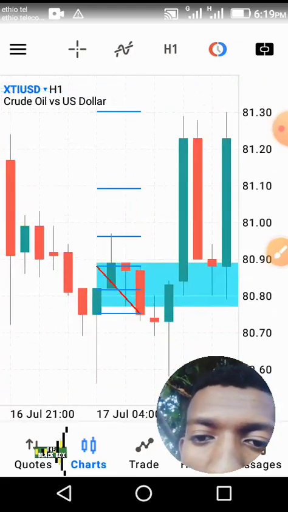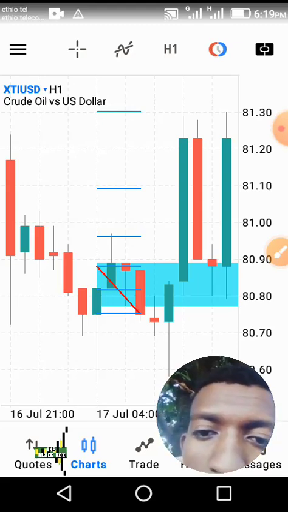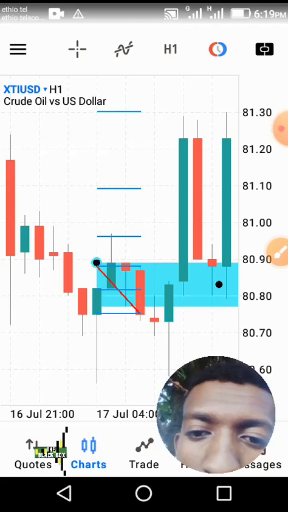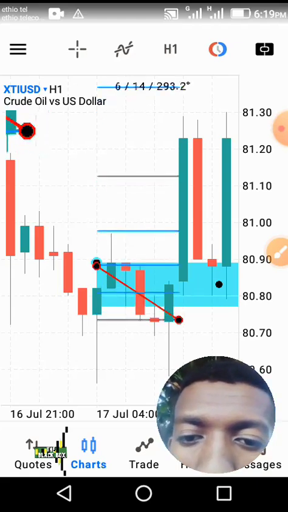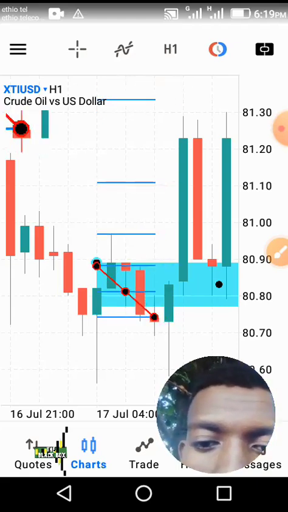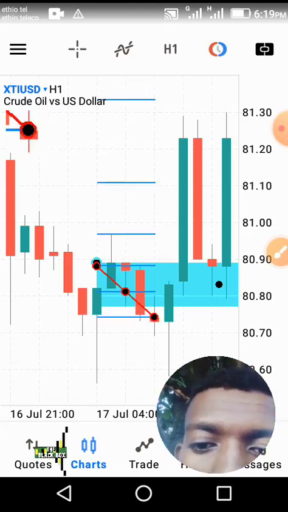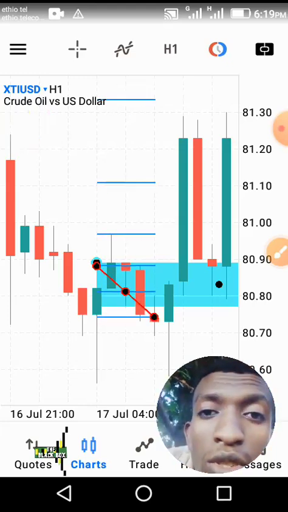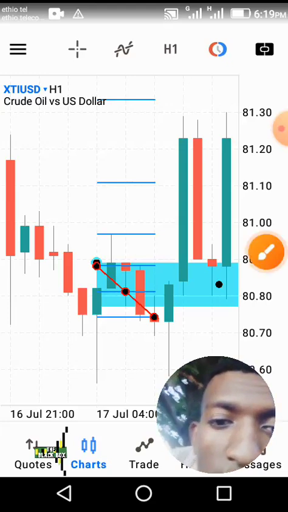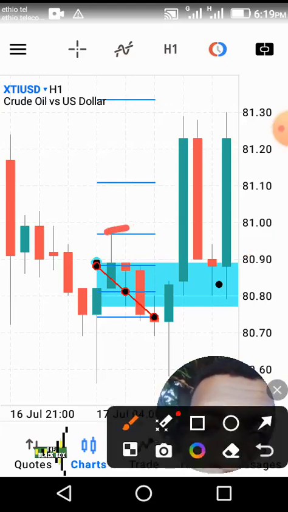TP3, I didn't measure it correctly. I think it is close. Let me put it here. When you measure a two-candle black box, you use the bodies. You don't use the wicks. These wicks, no. You use the bodies, from here to here, when you are projecting your take profit.